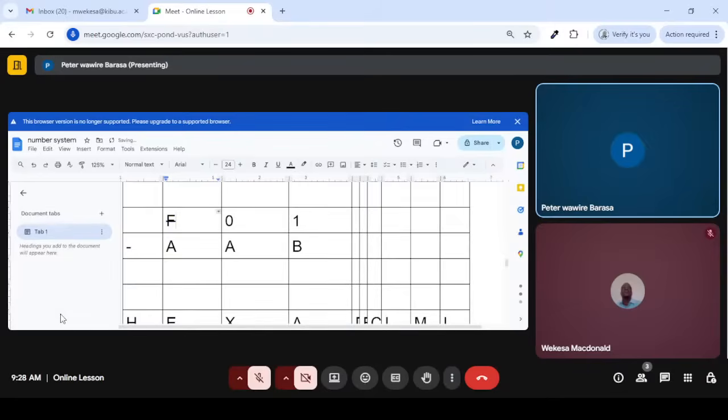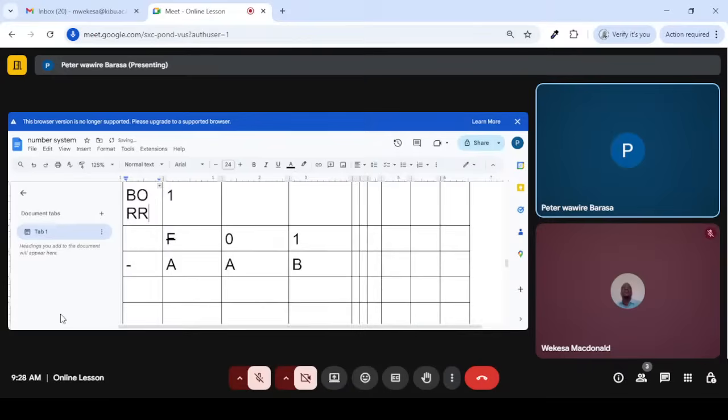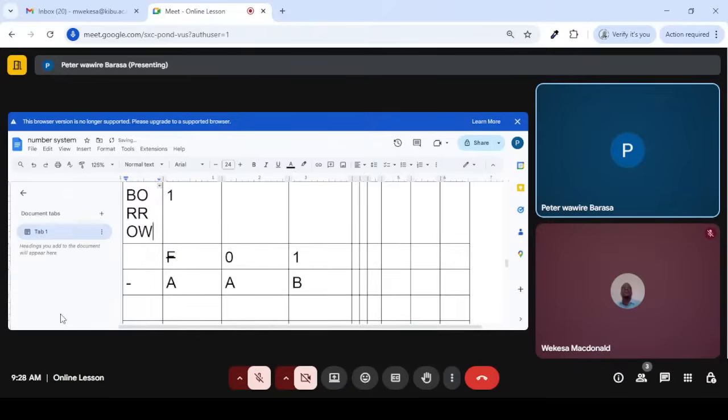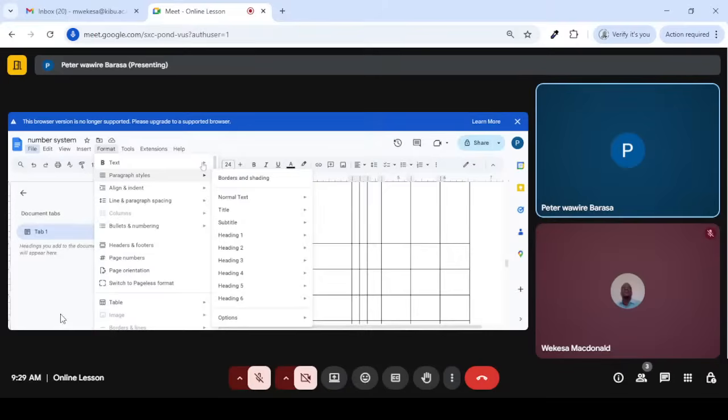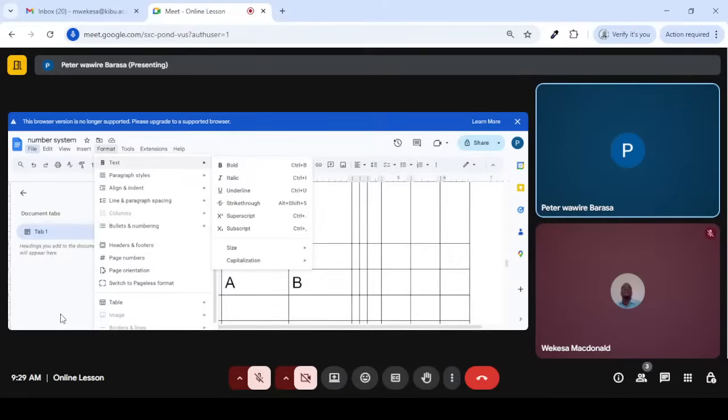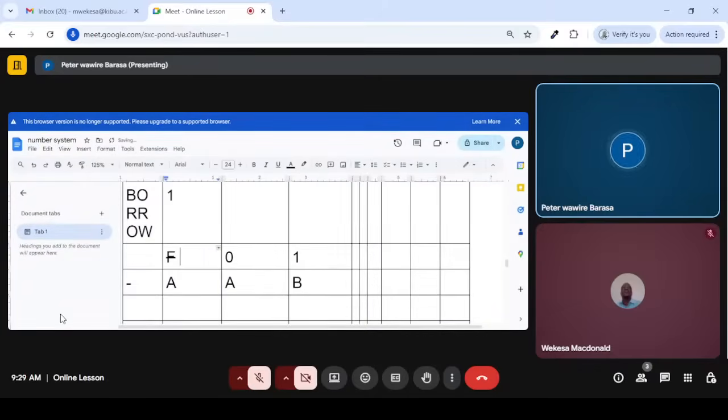So when you borrow 1 here, and this one becomes E capital, but now I need to remove the striking format.